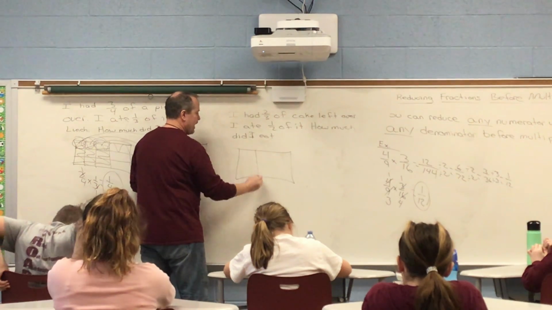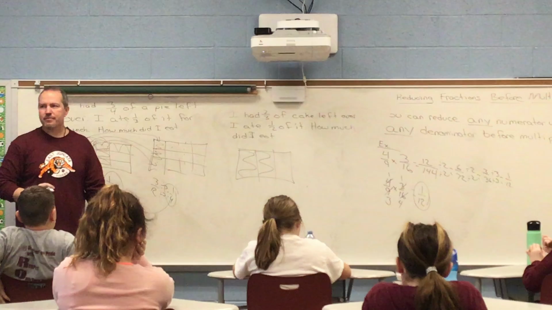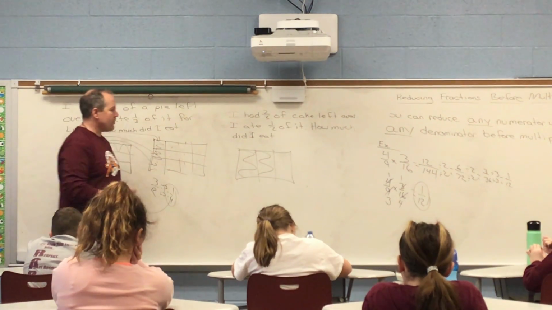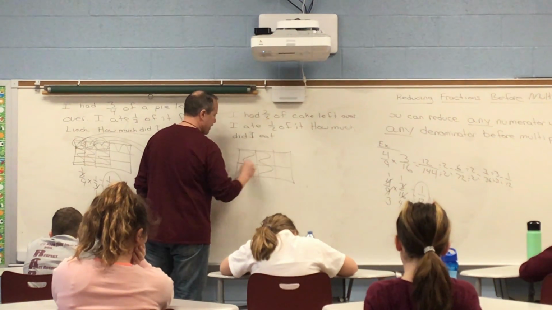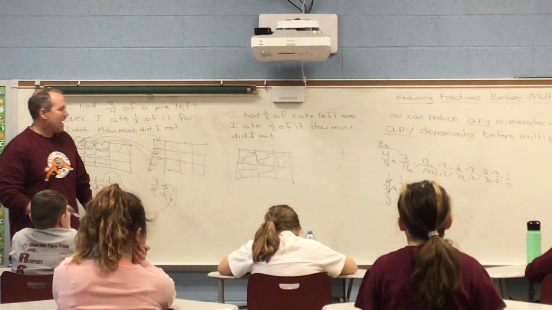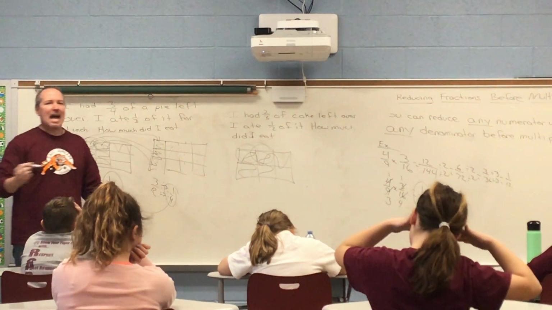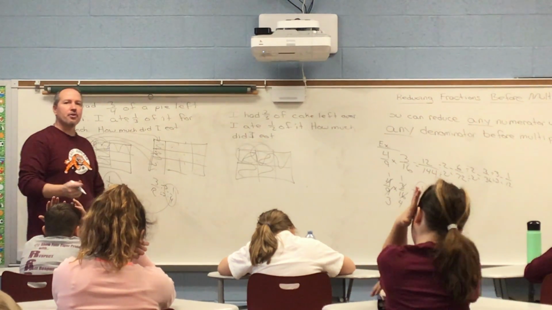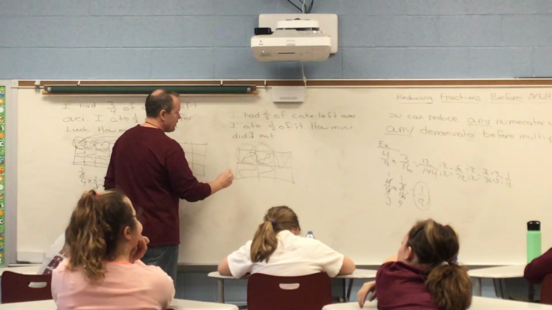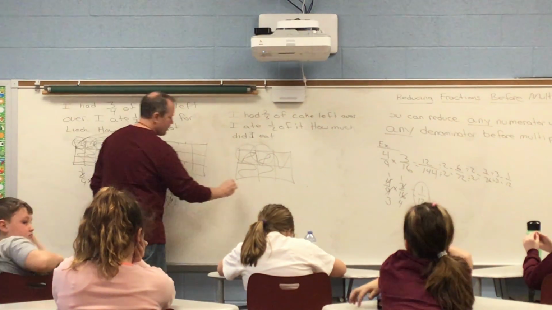So here's my cake. I had 2/3 of it left over. Of that 2/3, I ate 1/2 of it. So how much did I eat? I ate that right there. How would I find out? What do I need to do? Cody? How would I solve that? Cameron?